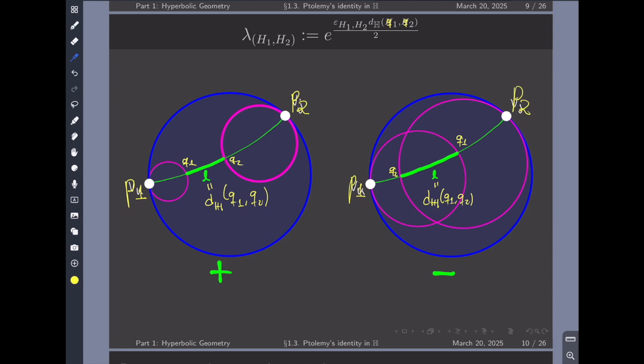Yeah, because I don't think it's so obvious. And actually, what we have seen about the hyperbolic plane can be used to prove it.